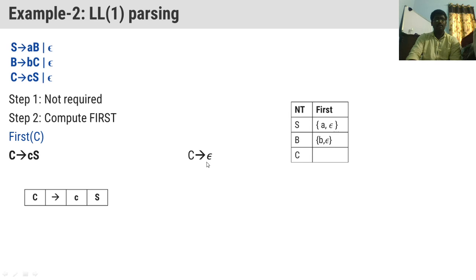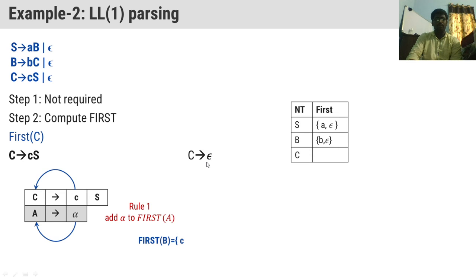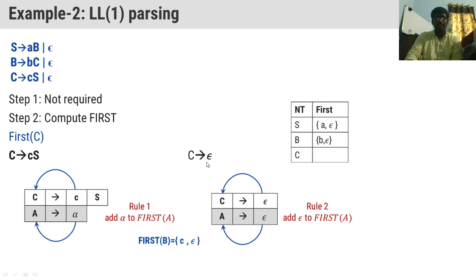That's why I am taking the first set of capital C equal to small c comma epsilon. So we will also include the small c comma epsilon into the table. So this is how we will find out the first sets for the given grammar, right?